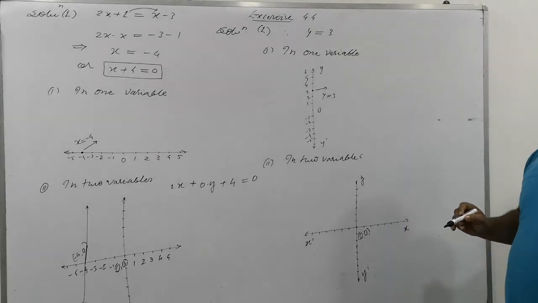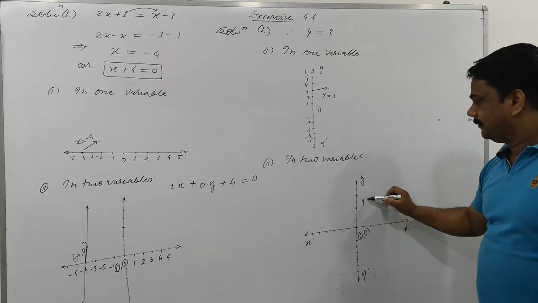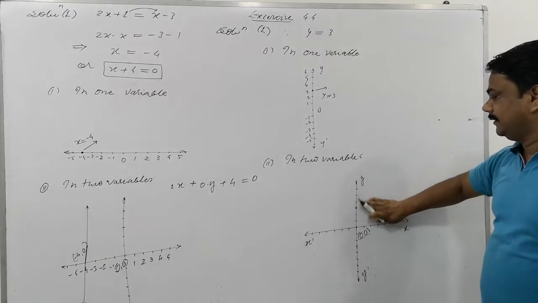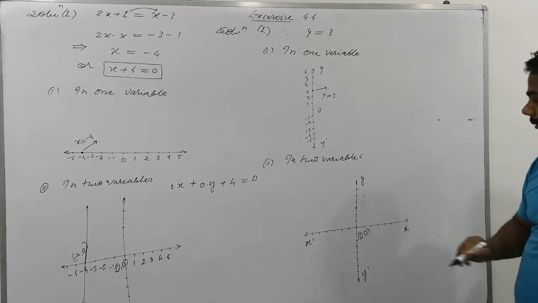Okay, so what is that? Y is equal to 3. So along the x variations also it is to be represented.